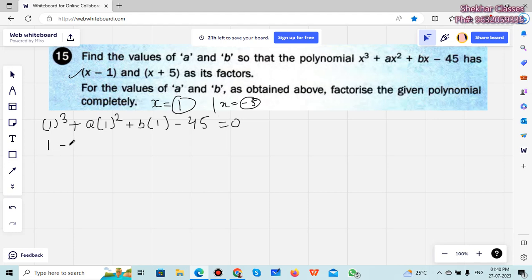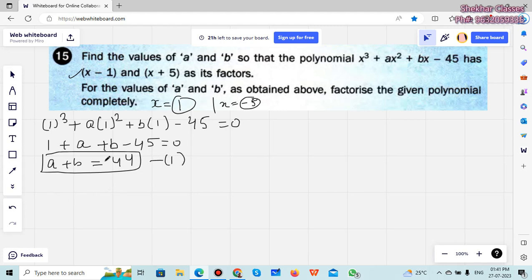So 1 plus a plus b minus 45 is 0. So it will give you a plus b; 1 minus 45 is minus 44. Minus 44 goes to the other side and becomes 44. This is the first equation that we have here.